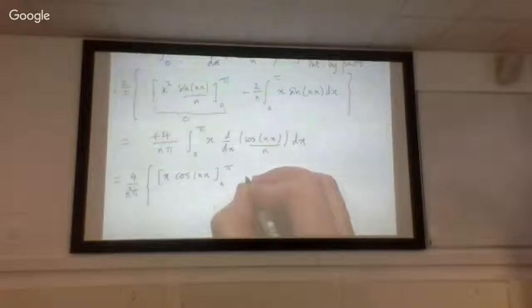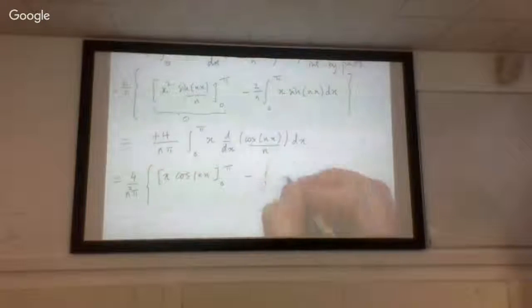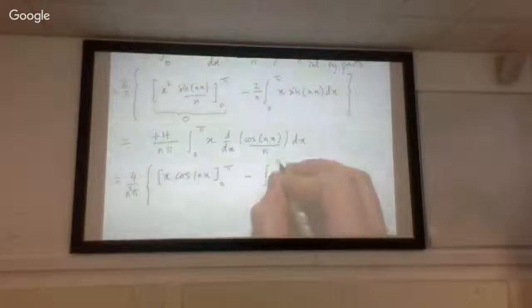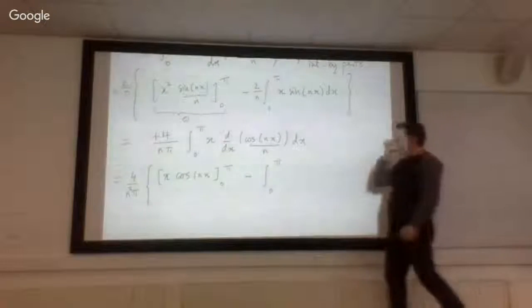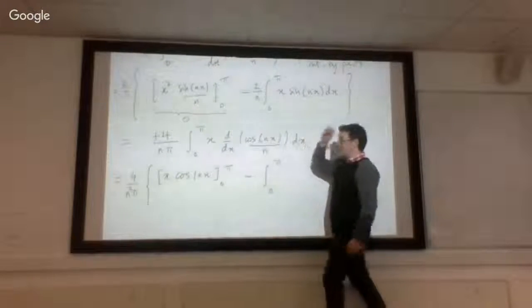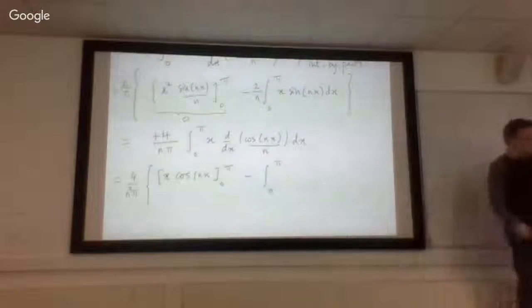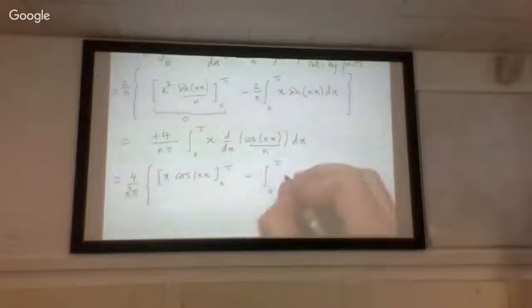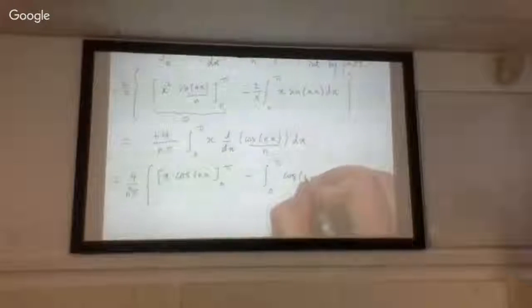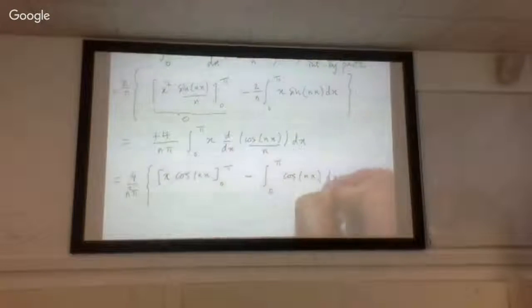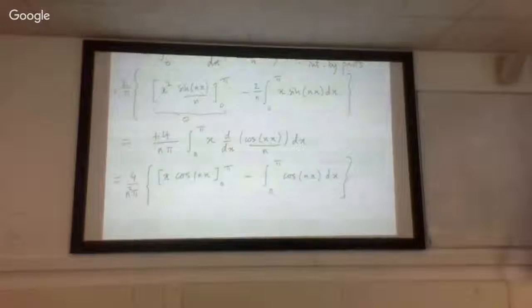Then I've got minus the integral from 0 to pi. And now it finally simplifies. Differentiate this x factor, it just becomes 1. And then I've got the integral just of cosine nx dx, which we'll be able to do.